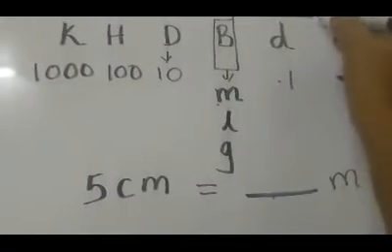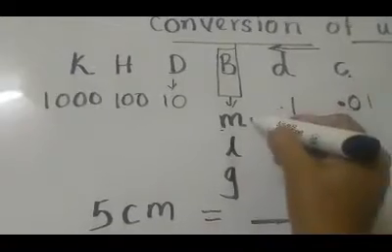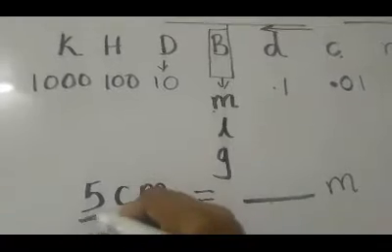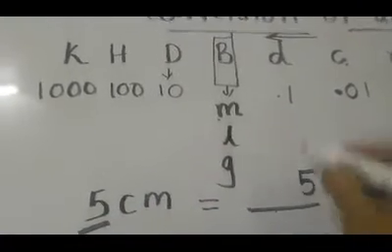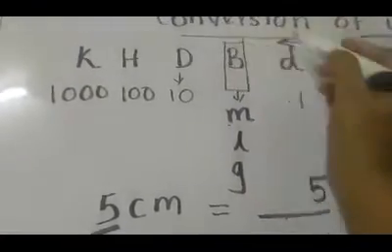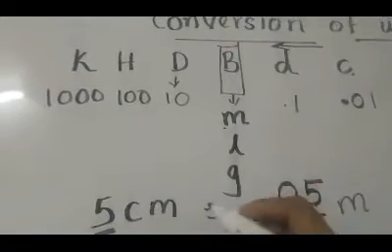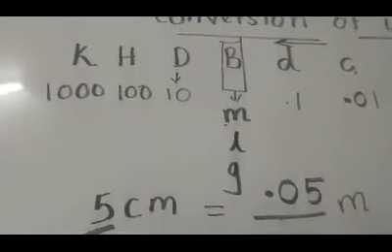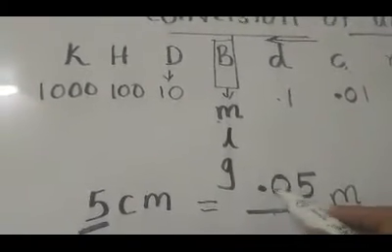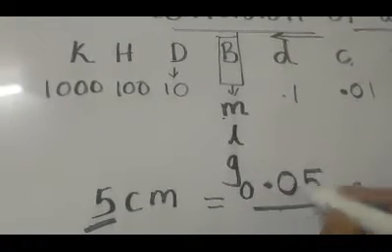That is going backward. Backward means how many steps do we move? 1, 2. So first you write the number 5. From C you have to move 2 steps, 1, 2 steps. So 1. The second step, you put a 1 0 after the decimal. This is our answer. If you want, you can write 0. That is 0.05 meter.